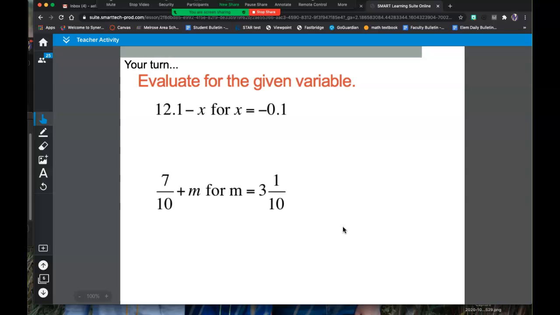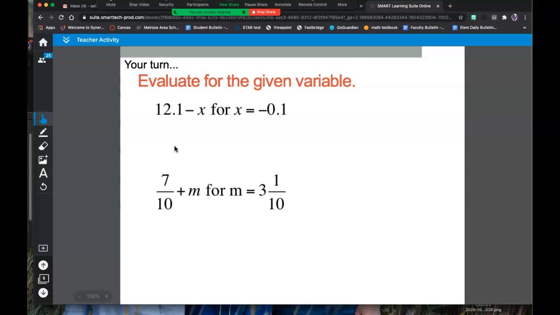Okay, I think most of us are getting close to done, so I'm going to have you split your screen so you can see the answers. The first one, 12.1 minus x. Some of you had 12 and some of you had 12.2. The answer is 12.2. So I'm going to rewrite this.